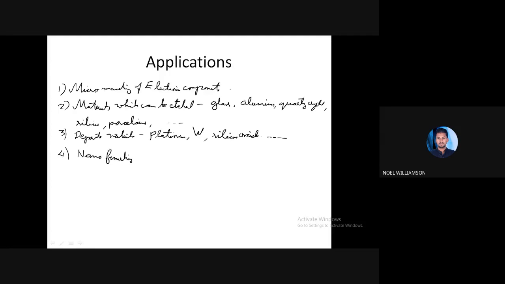Nano finishing of the high melting point, hard and brittle materials like ceramics, semiconductors, diamond, etc. So nano finishing of the high melting point hard and brittle materials like ceramics, semiconductors, diamonds, etc.